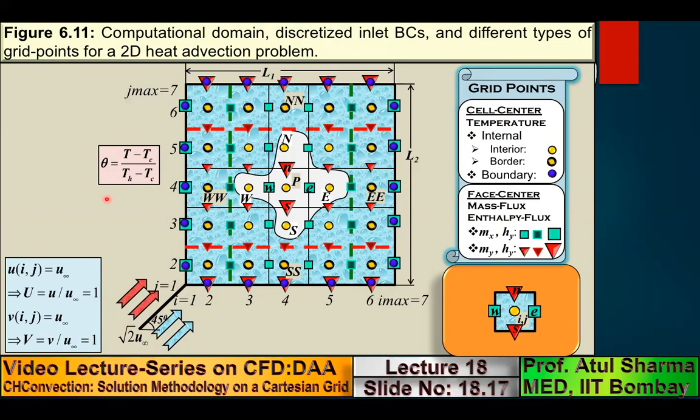So this will lead to velocity in the x direction, which is u infinity, and velocity in the y direction, which is also u infinity. So the non-dimensional velocity will be capital U equals 1 and v equals 1. So the horizontal velocity, which is given by this, will have a non-dimensional value of 1, and the vertical velocity, which will be coming from here, will also be 1.